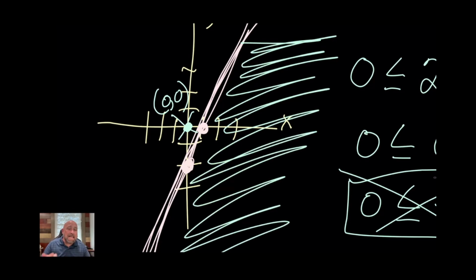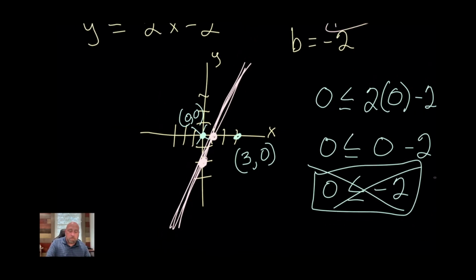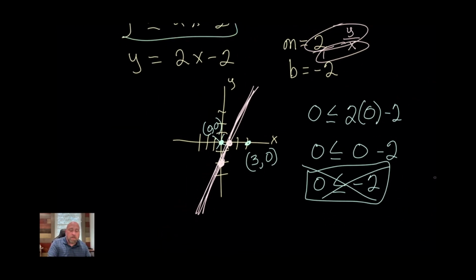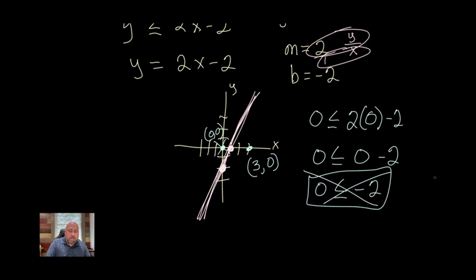In other words, any point on that side of the line will work. And let me show you that that's true. Let's pick a different point over here, any point we want, and let's just verify that it works. So let's pick this point right here. What is this point? Well, it's 3 on the x and it's 0 on the y. So that's 3, 0. Let's go back to our original inequality up here and plug in 3, 0.